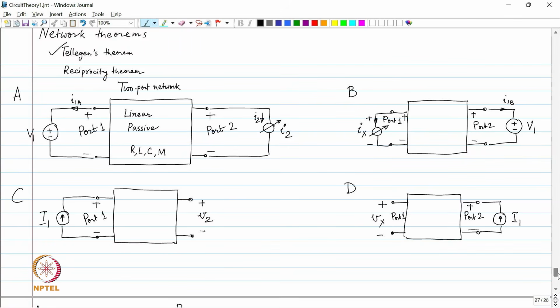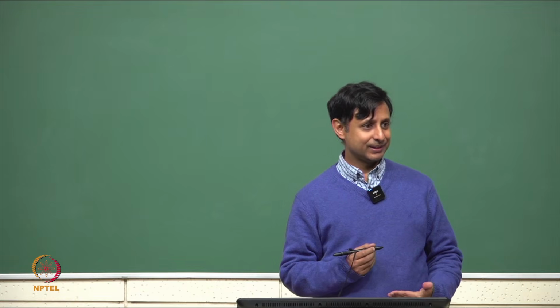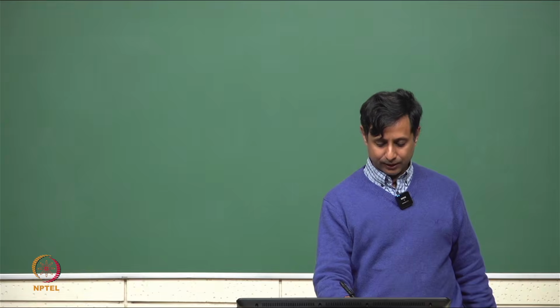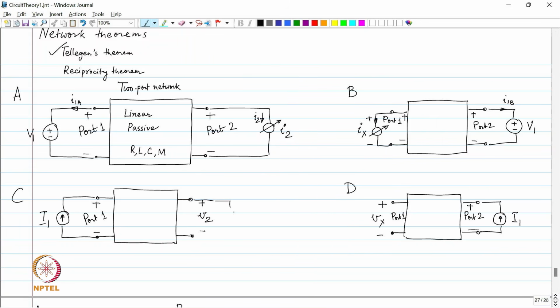C and D, can you do it yourself? Can you prove Vx is equal to V2 with the help of Tellegen's theorem? Just the same as what we did, except that here you have to think of a component called a voltmeter, and you have a component called a voltmeter, that is all.